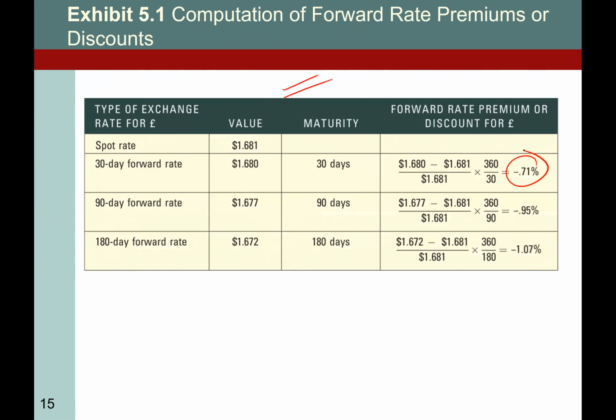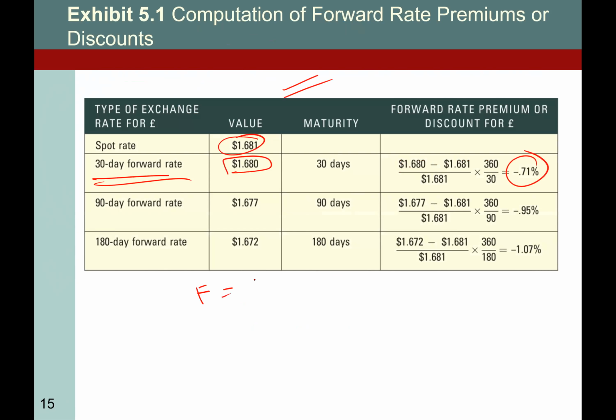So where this negative 0.71% came from, we know that spot rate is 1.681 and forward rate is 1.680. What is the formula?